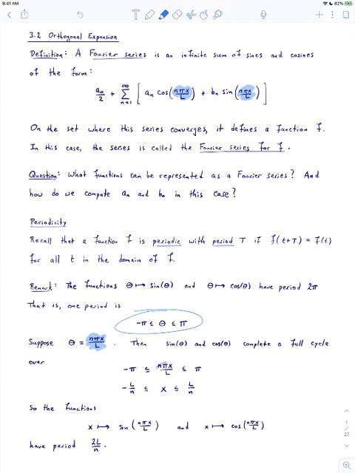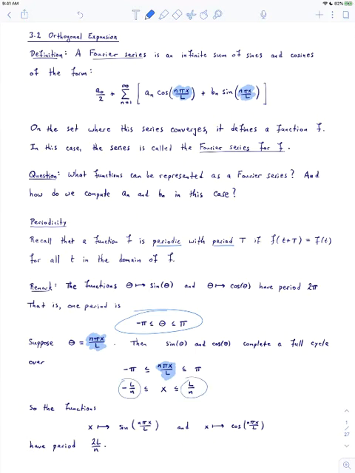So instead of theta, we put the n pi x over L, and we solve for x, so to speak. You multiply by L, which we're assuming is the length of an interval, so it's going to be positive. You divide by n times pi, and what you end up with is that one full cycle is completed when x goes from minus L over n to positive L over n.